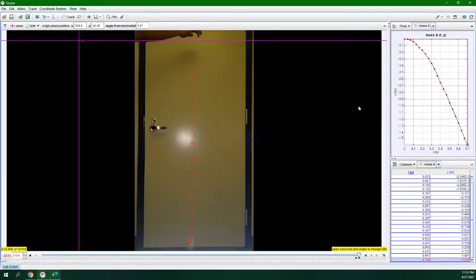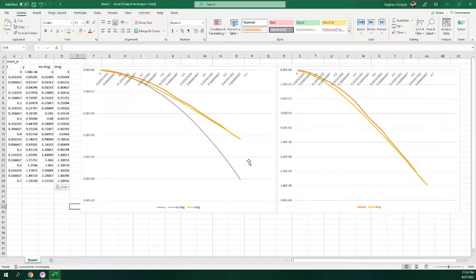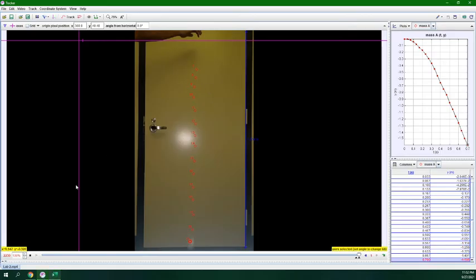And so now when we go into Excel and we model them, clearly the no drag does not model the situation well at all, but the model with drag is modeling it quite well. They match up nearly exactly. There's a little bit of deviation here, but that could always be because of auto tracker not getting it exactly in the middle every time.